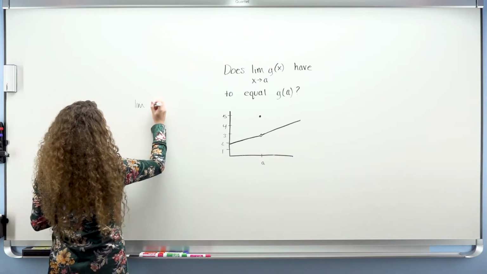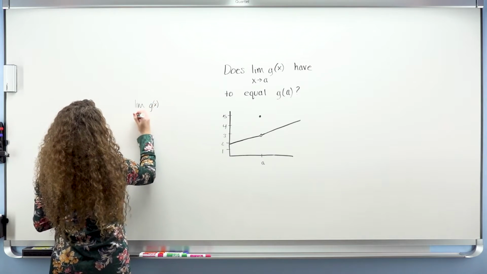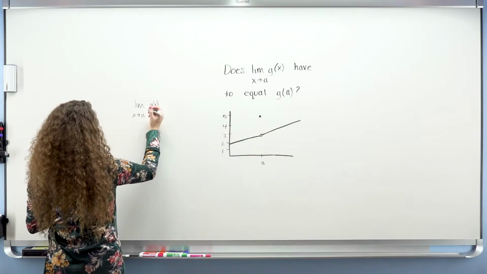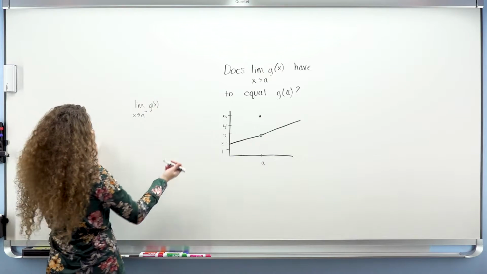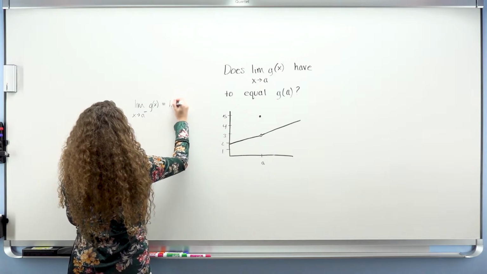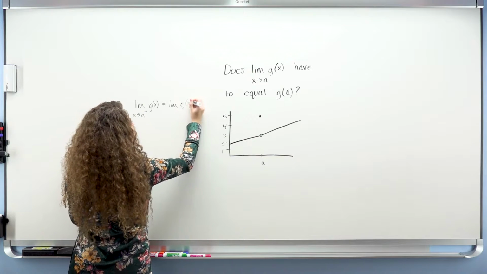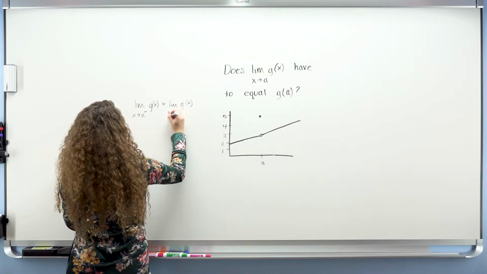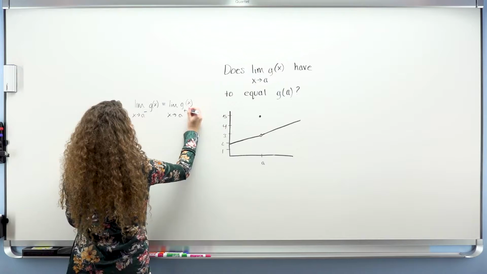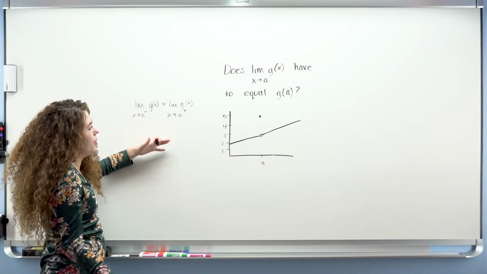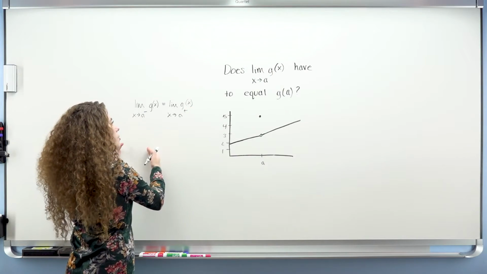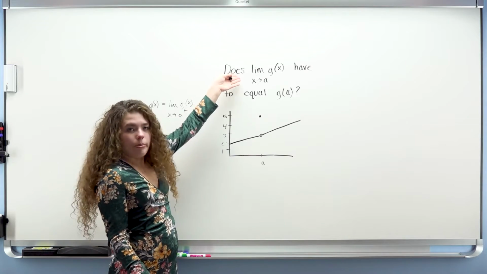The limit of g of x as x approaches our value a from the left, which is the negative side, has to equal the limit of g of x as x approaches a from the positive side, or the right side. When that is equal, that means we have our general limit.